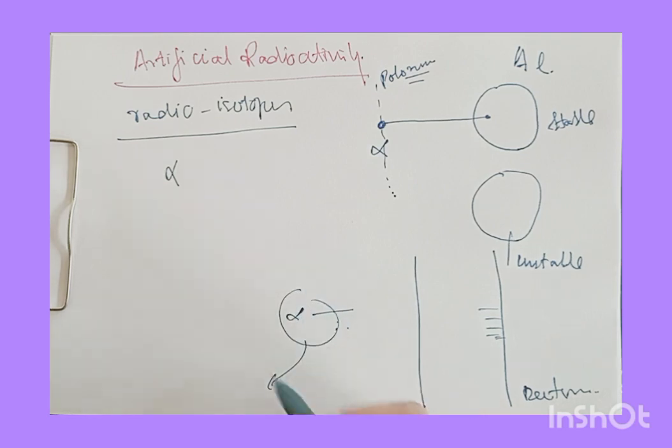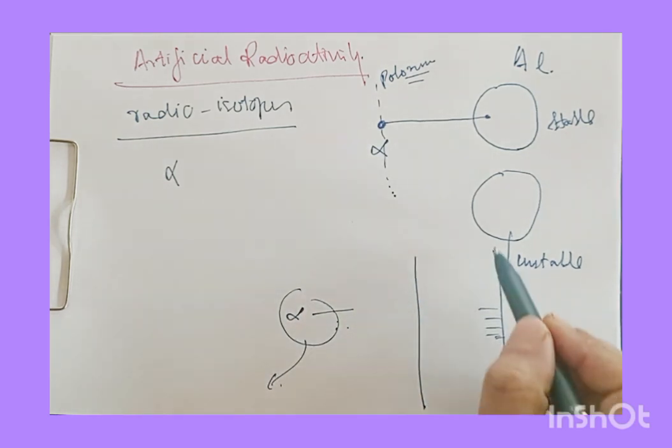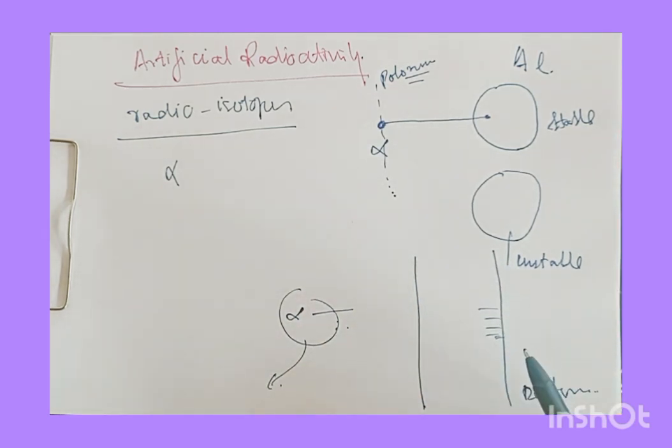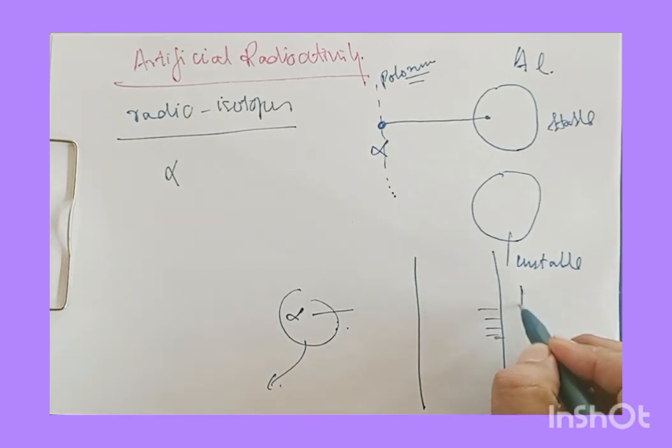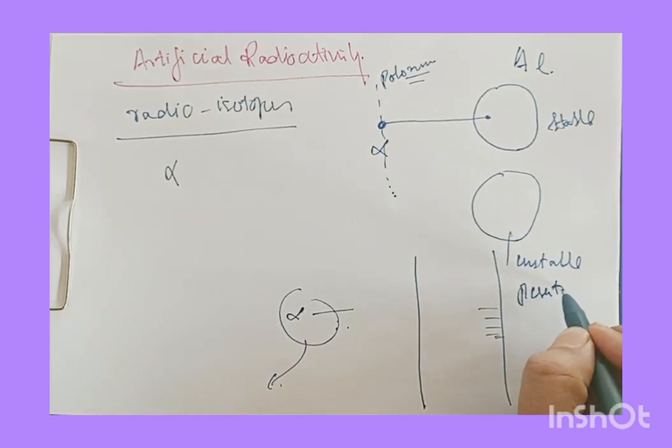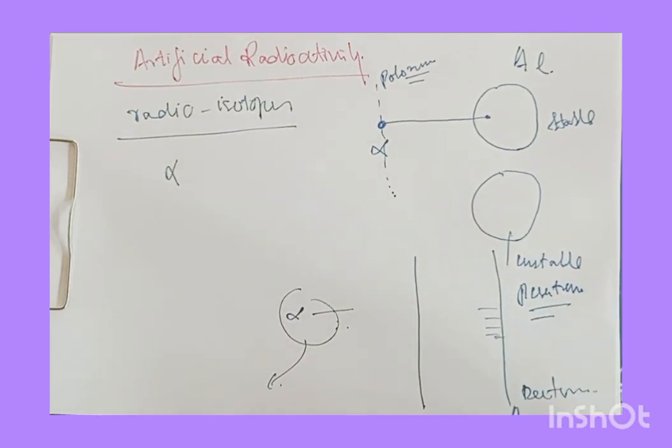And what were these penetrating rays? They were found to be positrons coming from this aluminum foil.